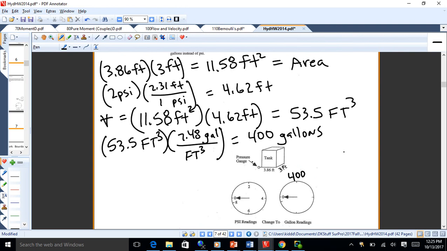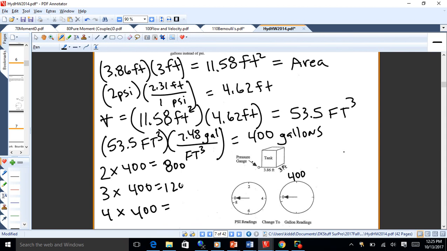And from there you can just proportion things up, because 4 psi is twice 2 psi. 6 psi is 3 times 2 psi. And 8 is 4 times 2 psi. So you can just do it like that. It's all proportional. So you get 800, 1200, and 1600.